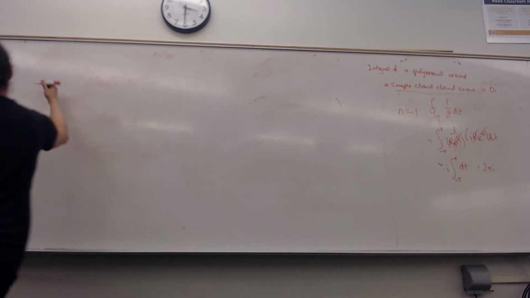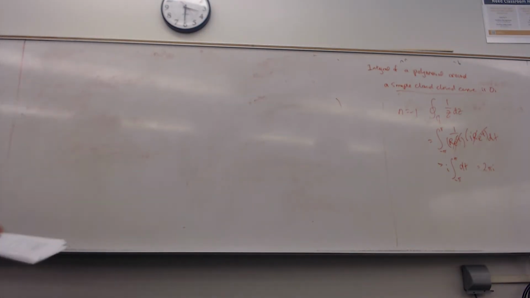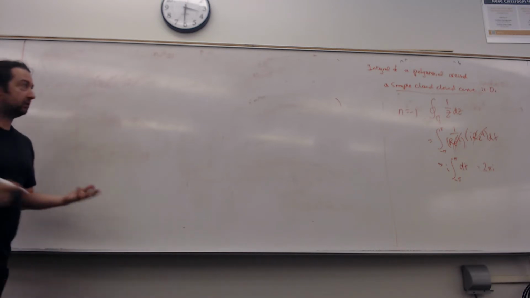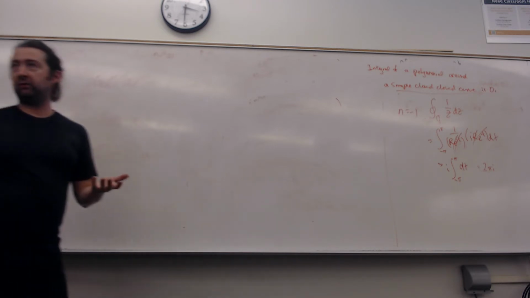Okay. So the goal of the previous part of the class, we pointed out that it's annoying to have to use parametric integrals, right? Parametric integrals are obnoxious. And we don't ever do those in real calculus, right?